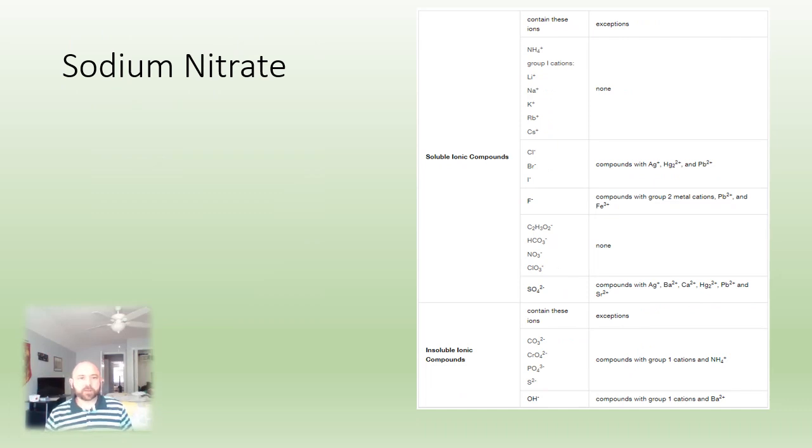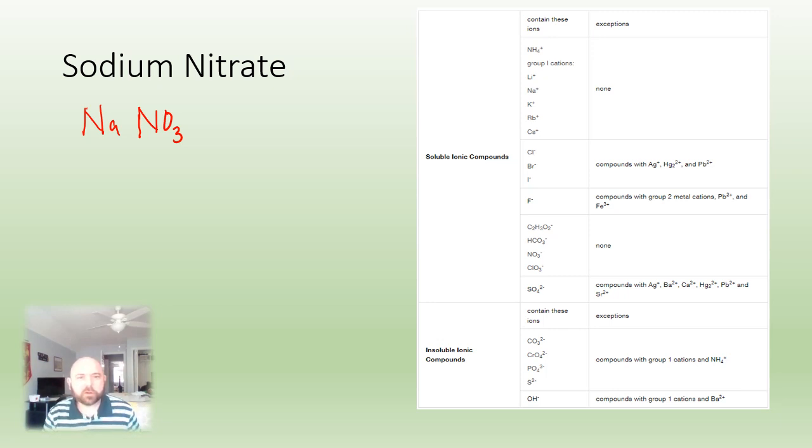So our first example here is sodium nitrate. Is sodium nitrate soluble in water is the question we want to answer, and we have our resource here, our solubility table, to help us do that. NaNO3 would be the formula for sodium nitrate.